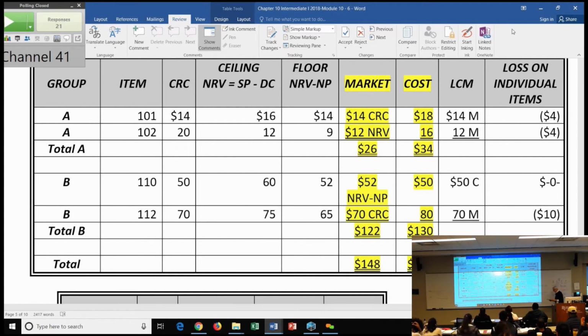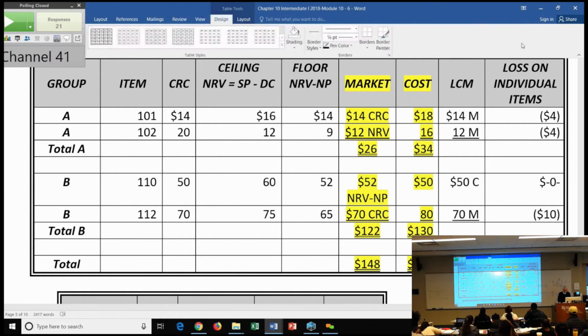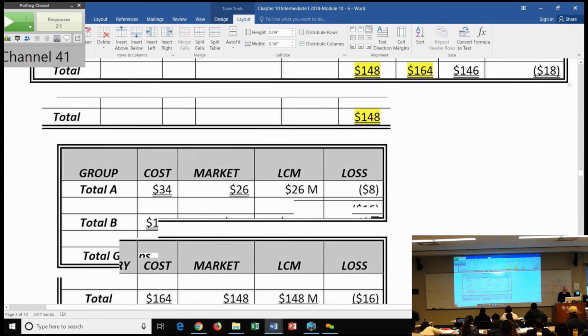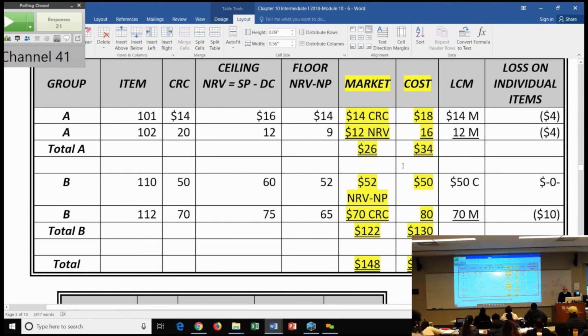Now, it's typically worse for individual items. Not always the case, but definitely in this case it is. Then if we wanted to do this by product lines, so the loss on individual items is 18. If you wanted to do this for product lines, take a look at product line A. Market is 26, cost is 34, so the loss there is 8.